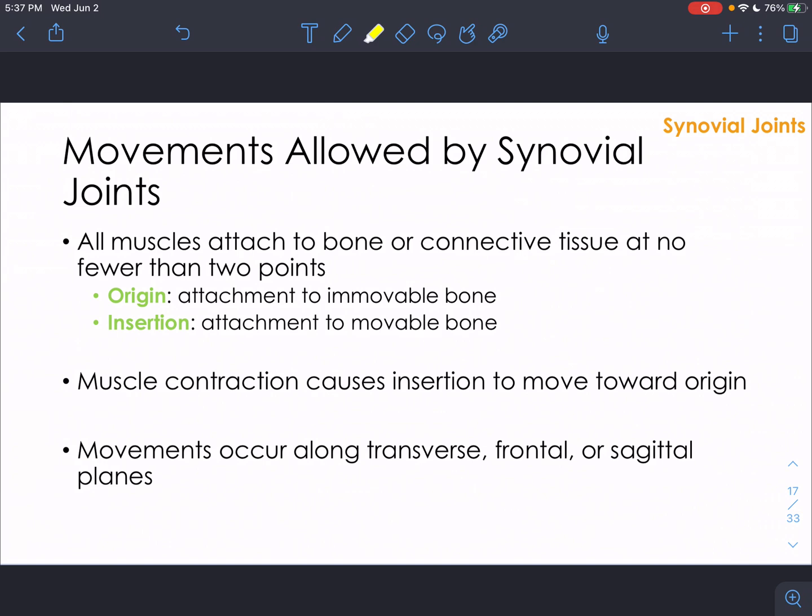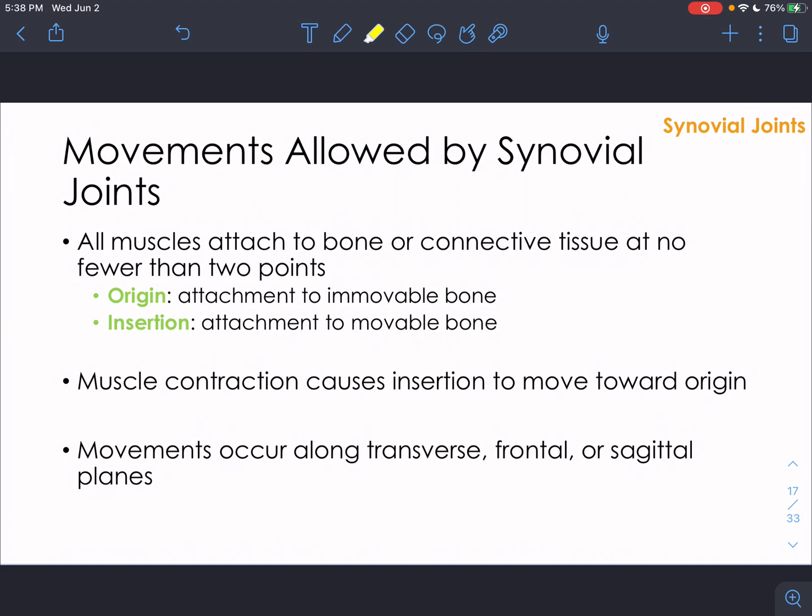Okay. All right, so some more synovial joint information. We have different types of movements that synovial joints allow. We have a number of different synovial joints all throughout our body, in all of our appendages, really. And there's a lot of different movements that they can produce.